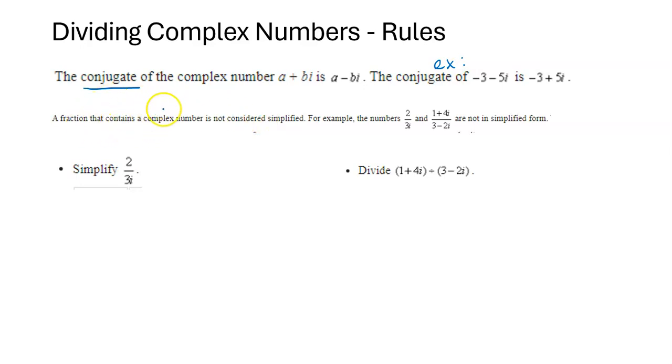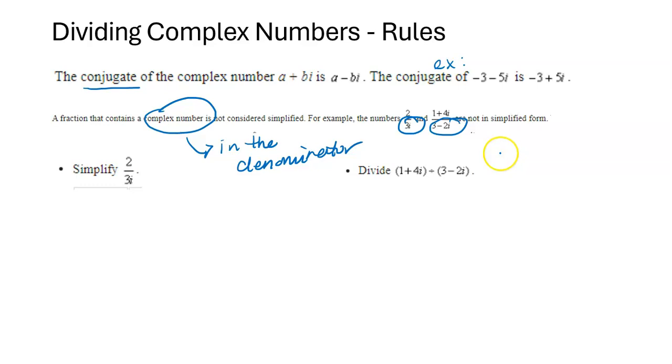A fraction that contains a complex number in the denominator is not considered simplified. For instance, this has an i in the bottom and this has one in the bottom.